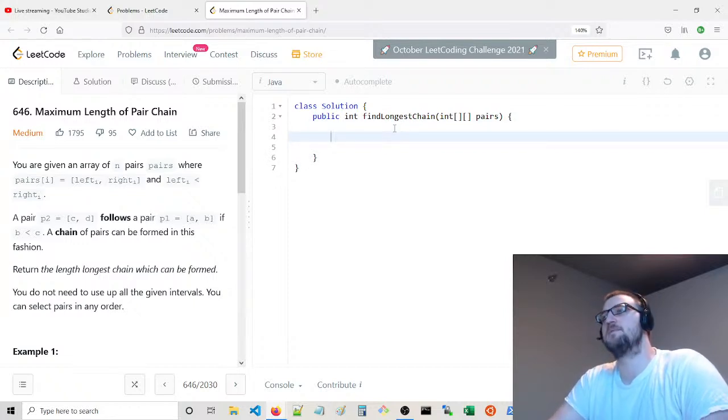All right, so we want a subroutine. We're going to use a lambda expression, something like A follows B, or pair A follows pair B. Let's do that.